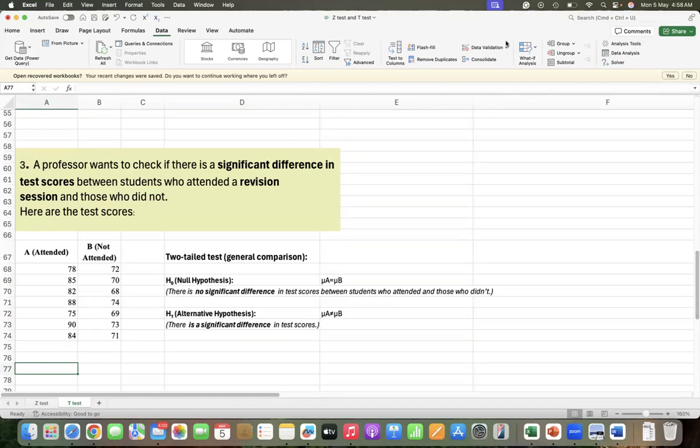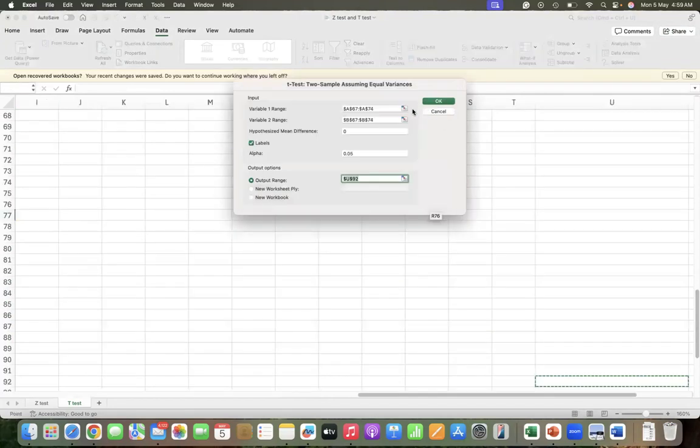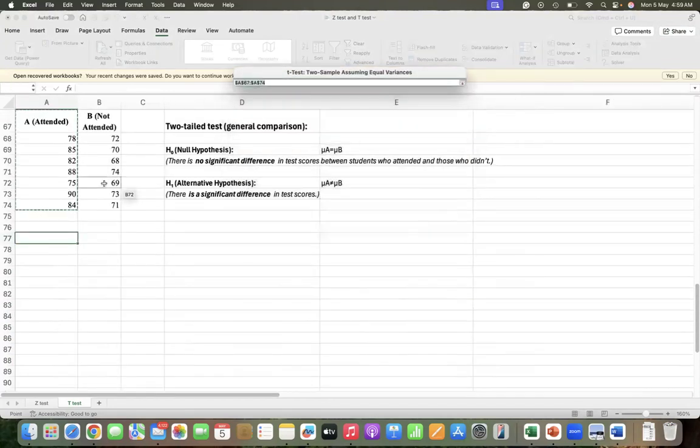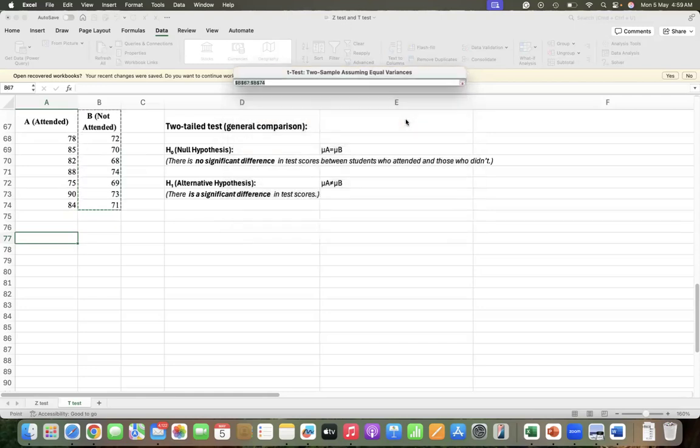We will go under the data tab, data analysis, t-test two sample assuming equal variances. Okay. Variable 1 has already been selected. I'm selecting the heading also. Again, I will click on variable 2 range and select this portion.